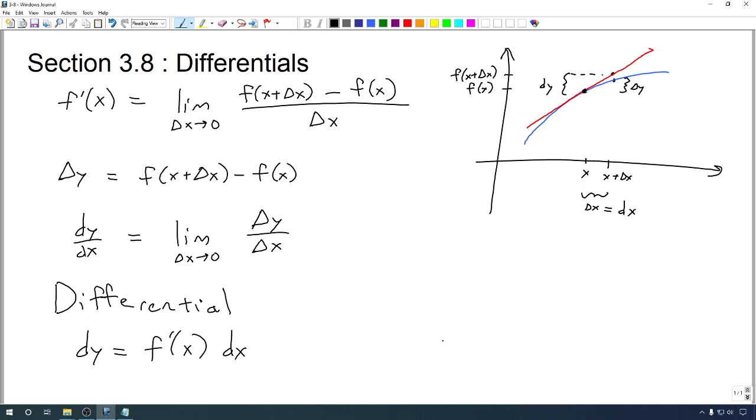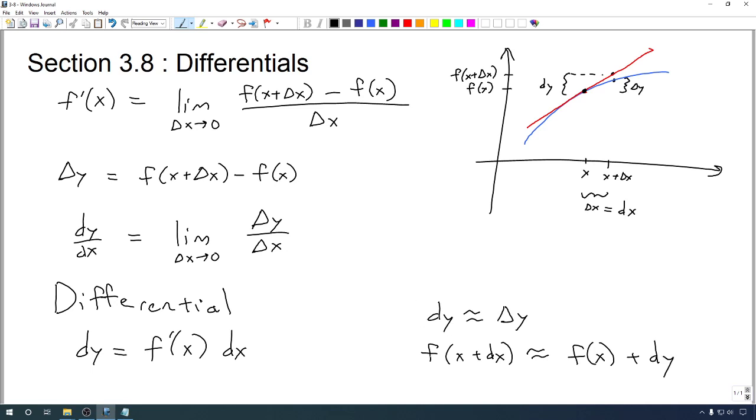Or in other words, what we can basically say here is that delta y is approximately dy, or since delta y is actually this expression here, we can even say that f of x plus delta x, remember this delta x and the dx are the same thing, is not equal to, but approximately equal to f of x plus dy.